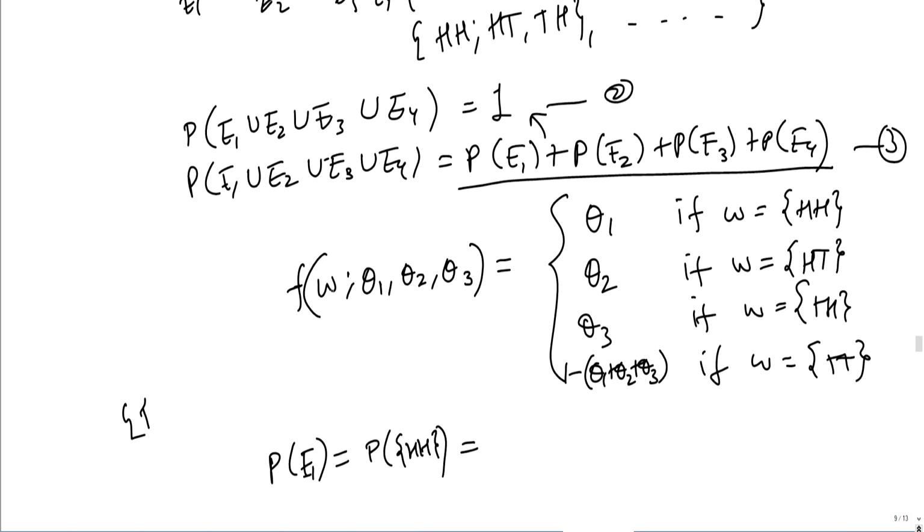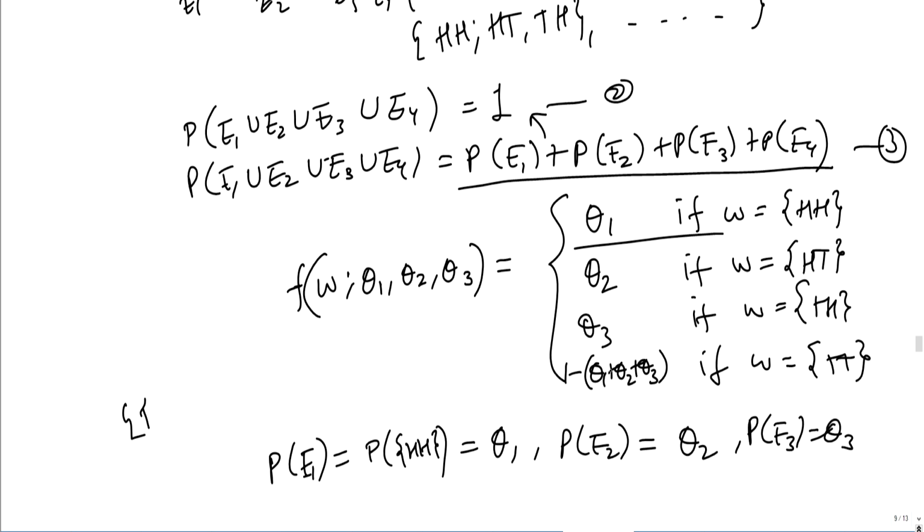If omega is HH, then this would be theta 1. Similarly, probability of E2, what is E2? HT. So this would be theta 2 based on this function. Probability of E3 would be theta 3, and probability of E4 would be 1 minus (theta 1 plus theta 2 plus theta 3). If you take the summation of all these, you get 1.